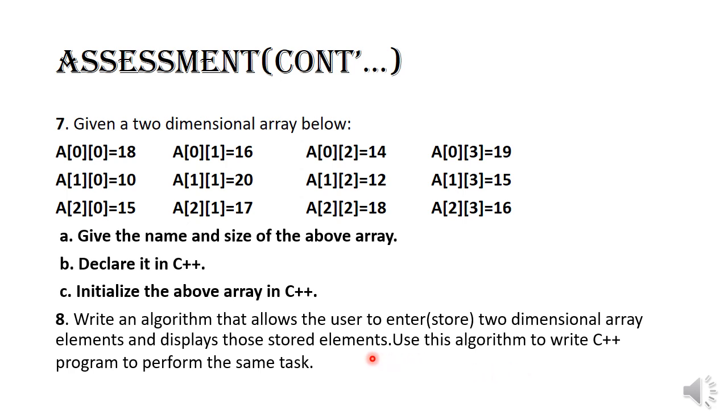So on this question, you are going to write a two-dimensional array algorithm of a program that should help the user to enter different elements of a two-dimensional array and prints those elements. By using this algorithm, you are going to transform it into C++ real code.